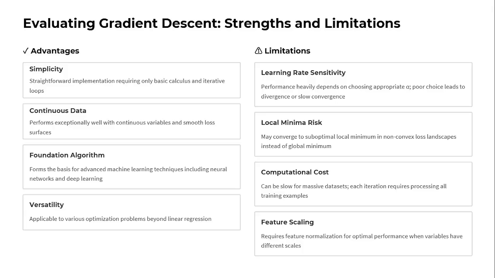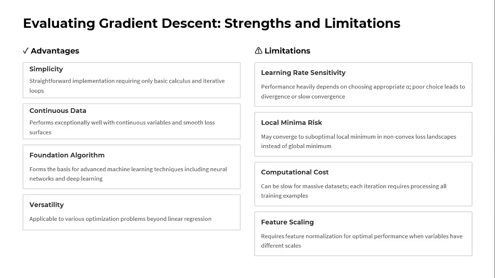Now, we're discussing the advantages and the limitations of gradient descent. Advantages: it's simple and easy to implement. It works well with continuous and smooth data. It's the foundation of many advanced algorithms, including deep learning models. It is also versatile and can optimize a wide range of models.